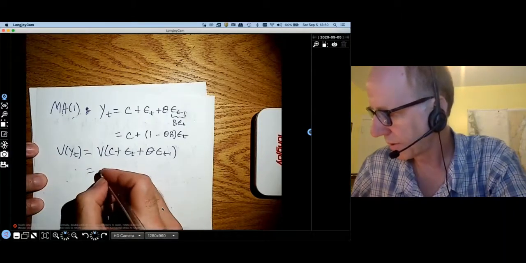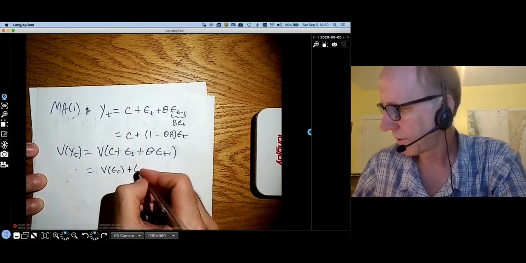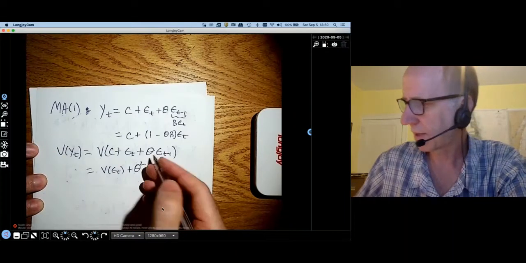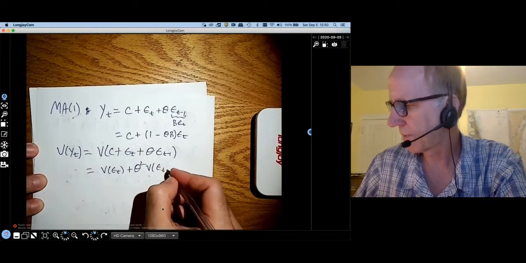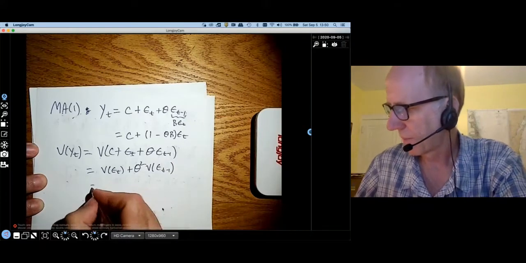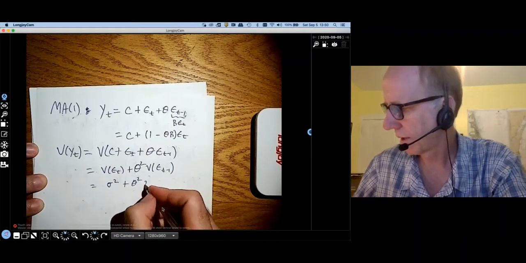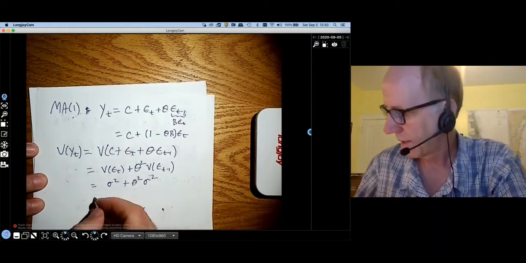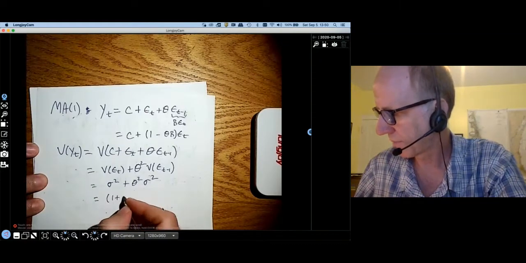And what I end up with is just the variance of epsilon sub t plus, when this comes out of the variance, the theta gets squared, times the variance of epsilon t minus 1. But this is just sigma squared plus theta squared, and this is also sigma squared since I've got a stationary process.